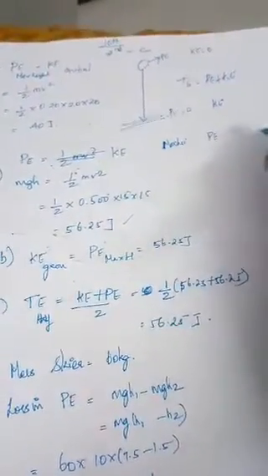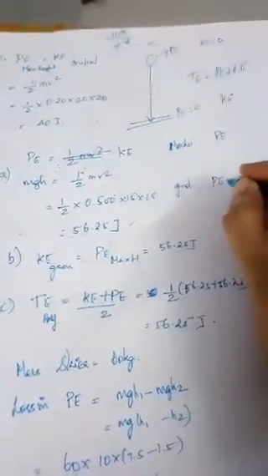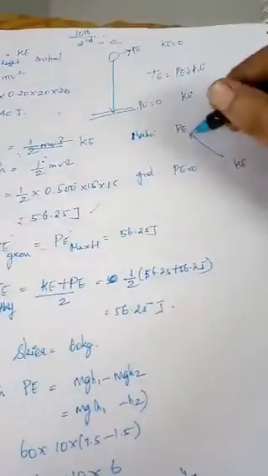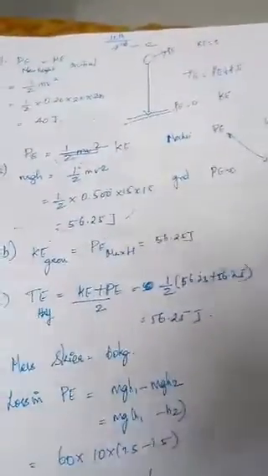At maximum height you will have your potential energy. Kinetic energy will be 0. At the ground, potential energy will become 0, kinetic energy will be maximum, and both will be the same. If it is going to be 10, this is also going to be 10. There is no change in it. Clearly understand this point. You will be using this for the entire numericals in this section.